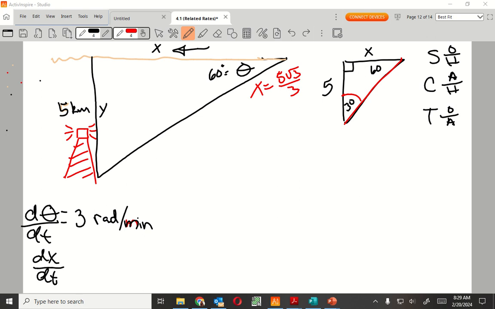So I can do the same thing again, set up with what I have over here. So it's tangent theta is equal to y over x.